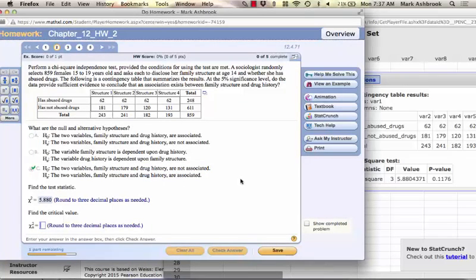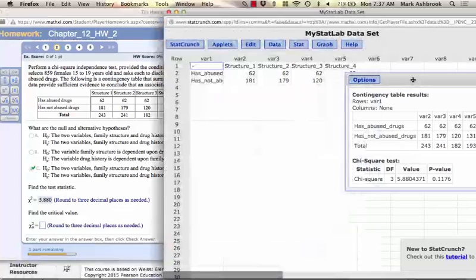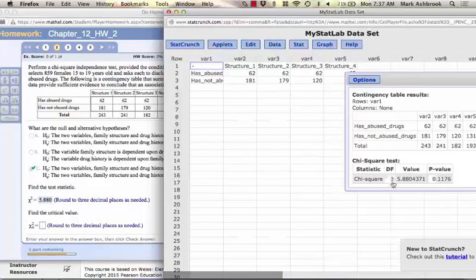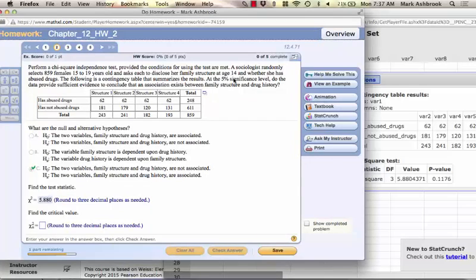Okay, the critical value then is going to be for 3 degrees of freedom, chi-square at 0.05, 5% significance level. What is that number? And we got 7.815. Agree with what she's saying?